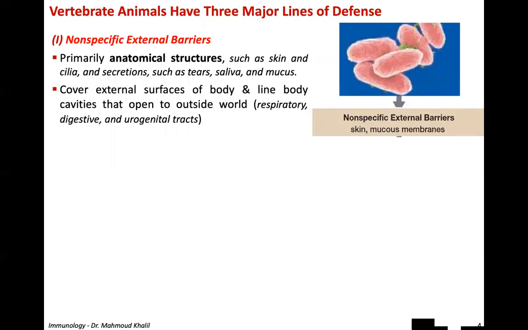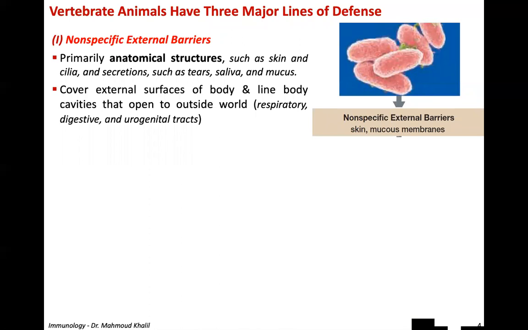So generally, the vertebrate immune response is divided into 3 axes. The first one is the non-specific external barrier. It's the primary anatomical structure, such as the skin, cilia, and secretions like tears, saliva and mucus. And these are non-specific.